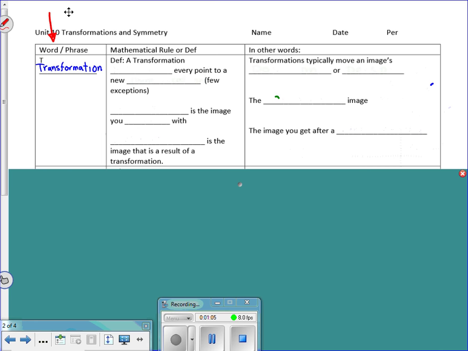Okay, transformations. So transformations are basically a way of taking a point and mapping it to some other new location. Now, there are some exceptions, or pieces of transformations, where that doesn't happen. And as we go through it, you'll discover that. Going over to the in other words area, we have: transformations typically move an image's position or perspective.